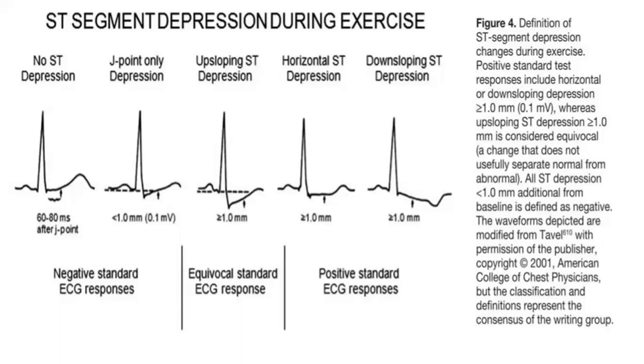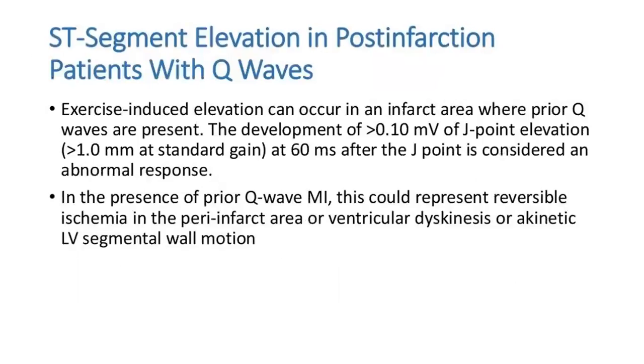All ST depression below 1 mm additional from baseline is defined as negative. The waveforms depicted are modified with permission of the publisher. Here's the ST segment elevation in a post-infarction patient with Q waves.